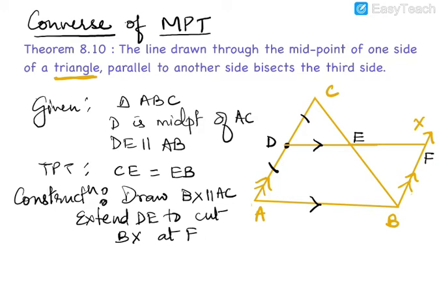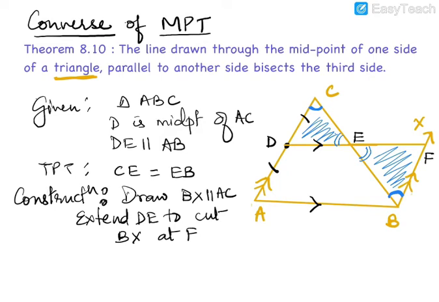So now we can prove these two triangles congruent. We have vertically opposite angles equal, and these two angles will also be equal because they are alternate interior angles. And we have just shown that DC is equal to BF. So by angle side criteria, these two triangles will be congruent.